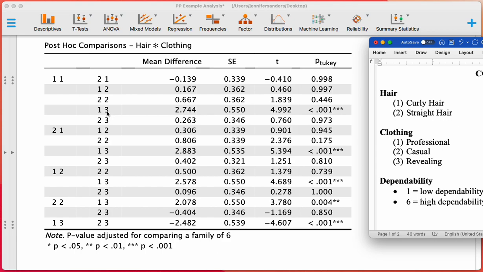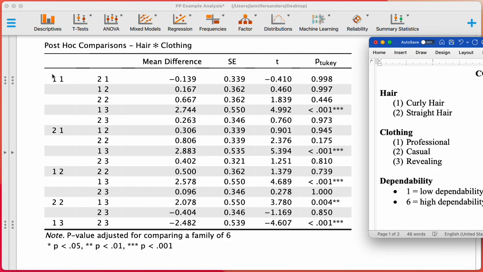So the way that you're reading the differences here is the imaginary minus symbol is right here. So this first row is curly hair with professional clothing minus straight hair with professional clothing. So you can think of it in terms of vignettes.